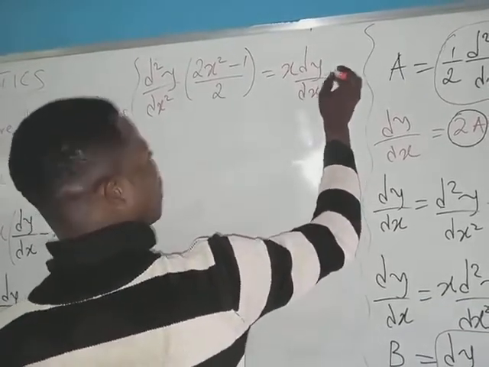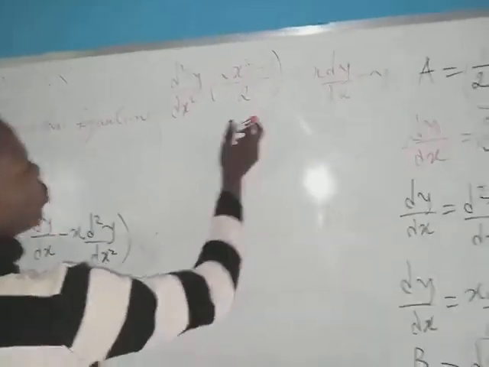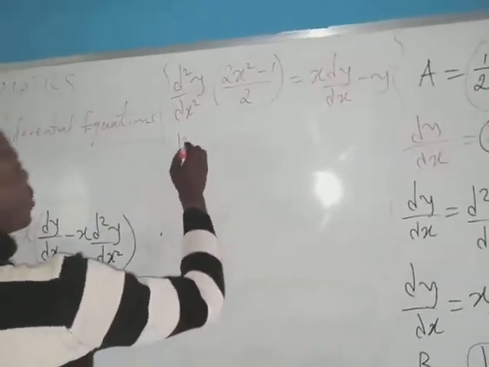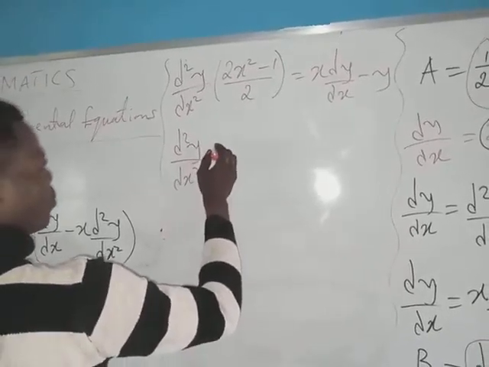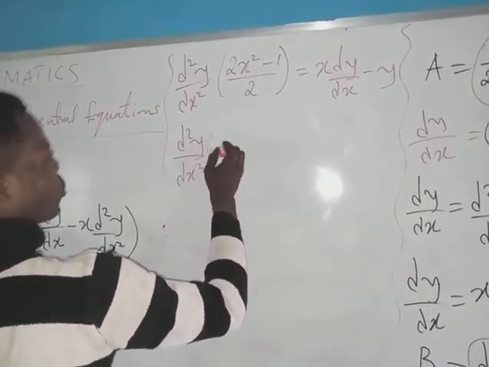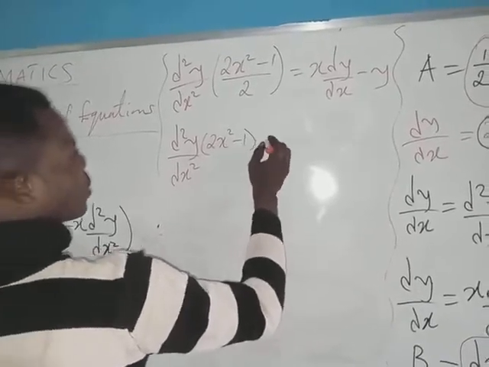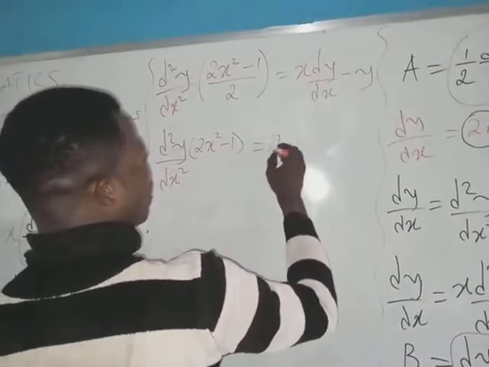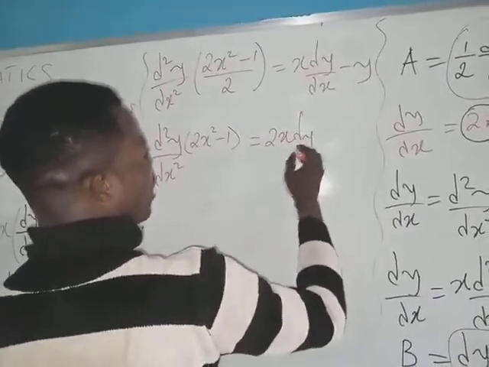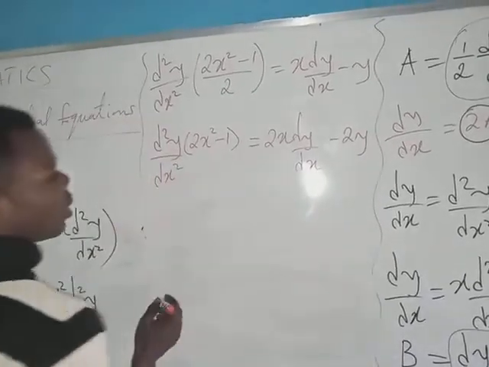So when you multiply everything by 2, we are going to have d²y/dx² into 2x² minus 1 equal to what? So this will give you 2x dy/dx minus 2y.